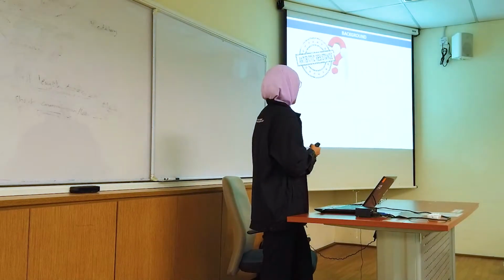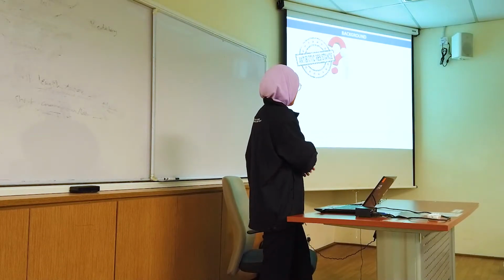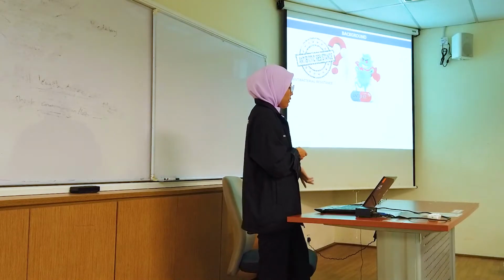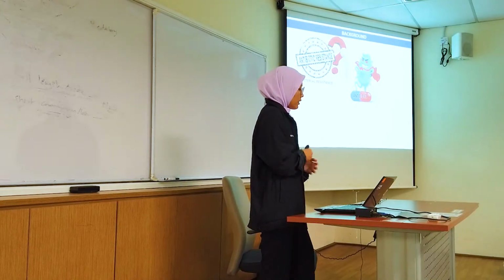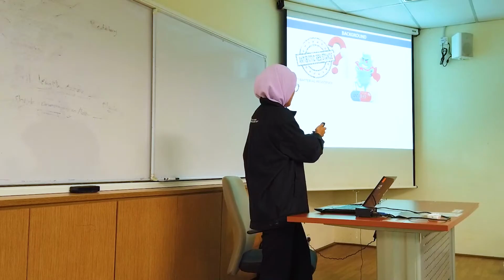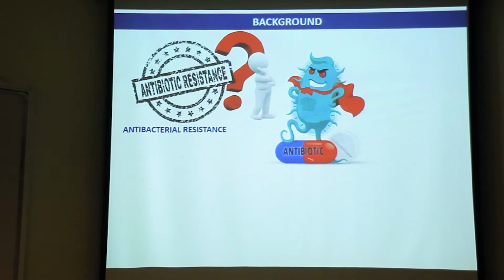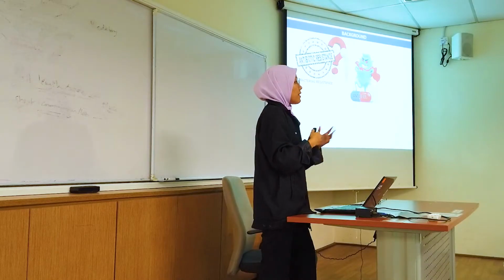So for the introduction, what is antibiotic resistance? Antibiotic resistance, sometimes termed antibacterial resistance, is a condition where, as this picture depicts, bacteria can defeat the treatment or agent that was designed to kill them.